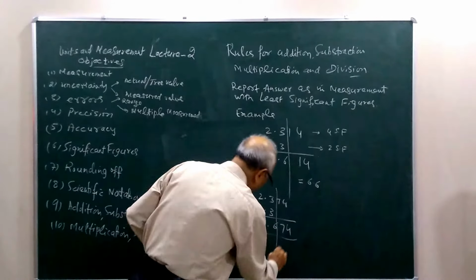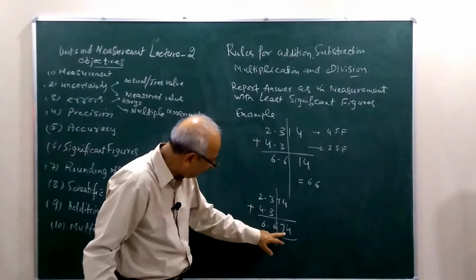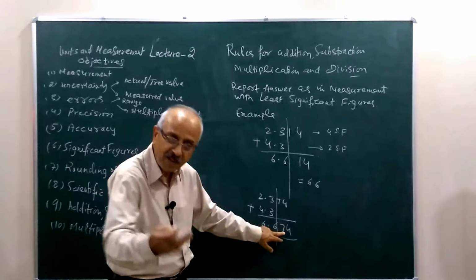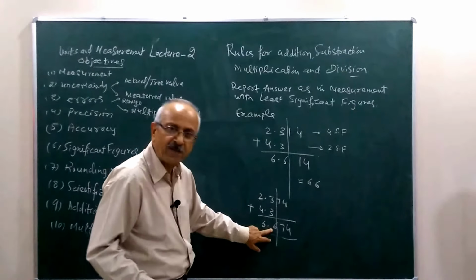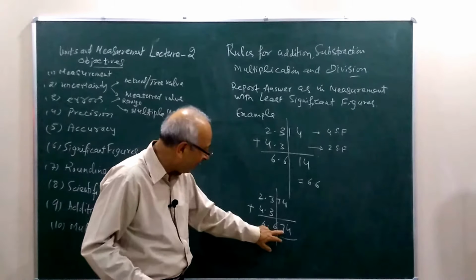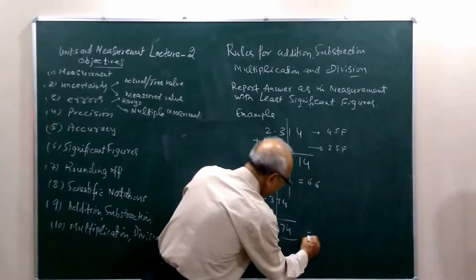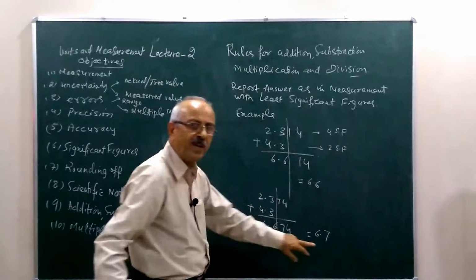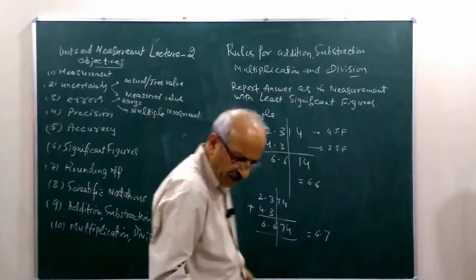Now again the number has to be reported in 2 digits, but this number is greater than 5. Therefore, it has to be rounded off, and in the rounding process this will become 6.7 as my correct answer. This is addition.